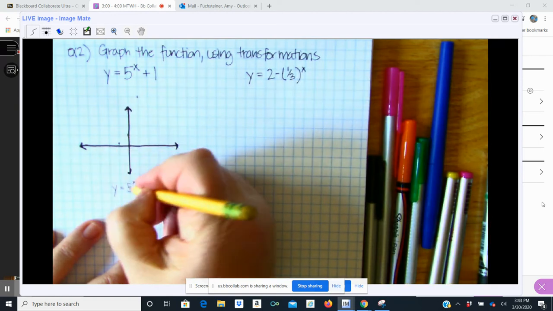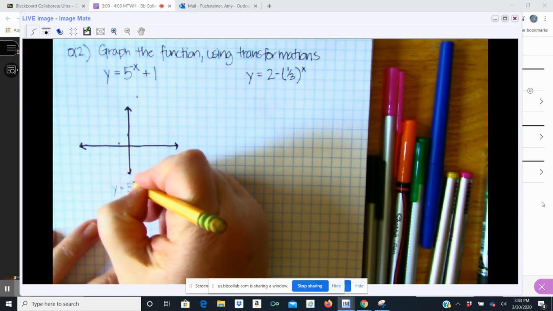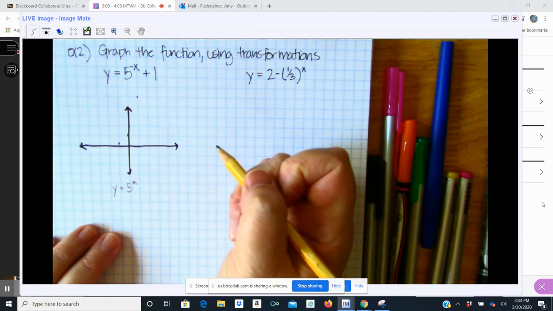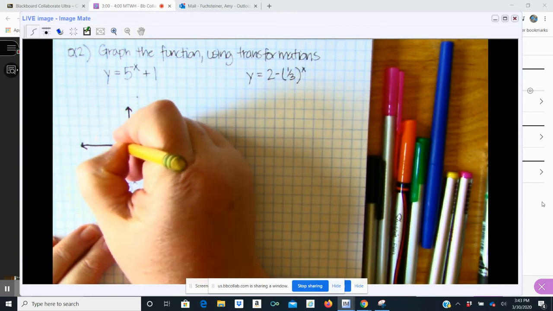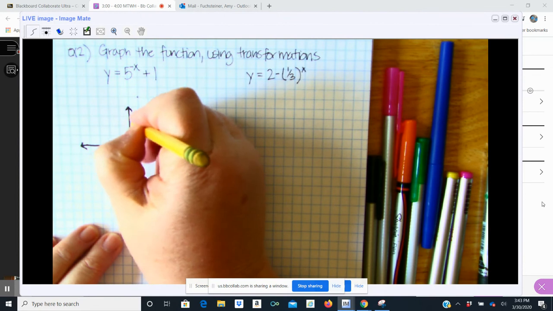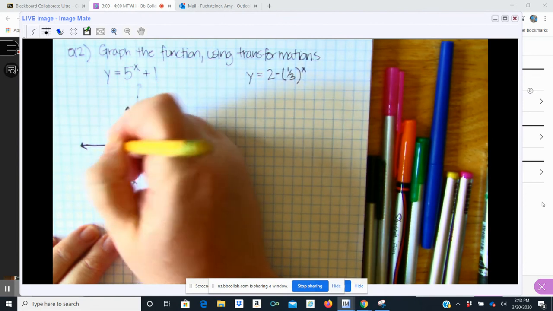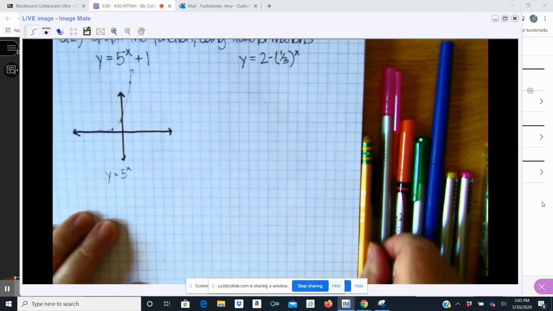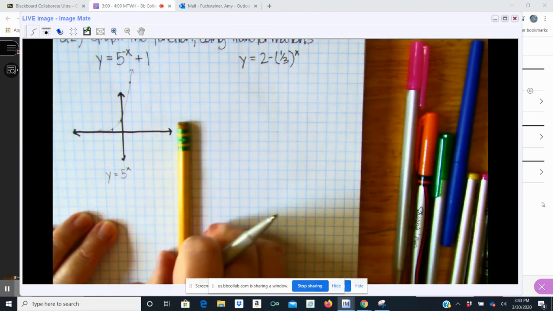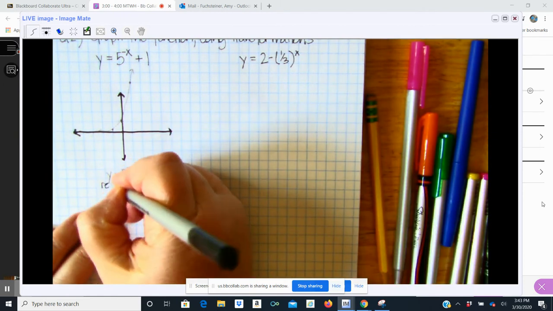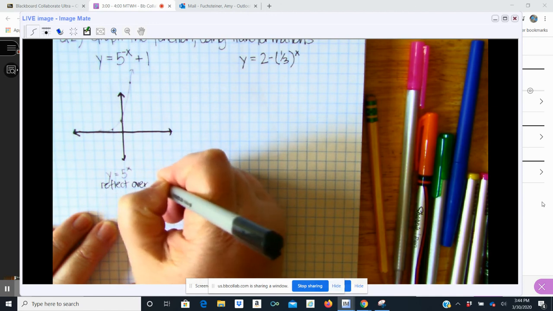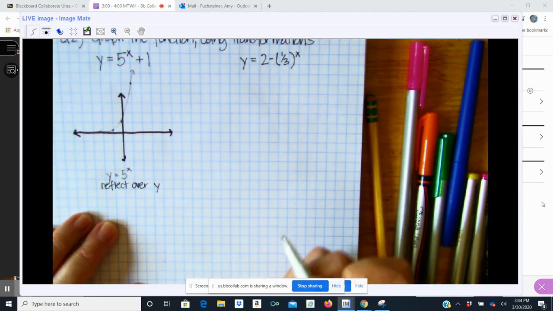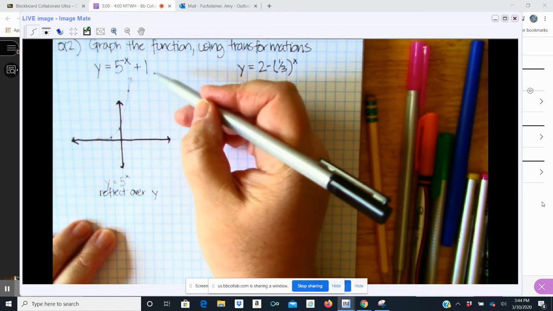Now, what's going to happen when I put the negative on that x? That negative x is going to reflect over the y-axis, and then what's the plus 1 going to do?